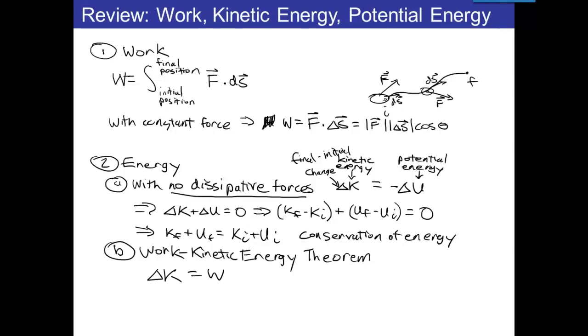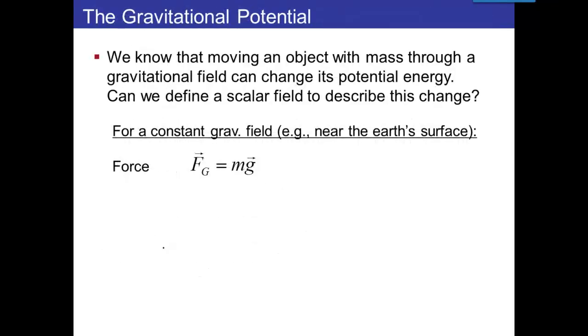We know that if we take a mass and we move it through a gravitational field, then it will change its potential energy. You pick an object up off the floor, it now has potential energy. The question is, can we define some sort of scalar field which can describe this change in potential energy?